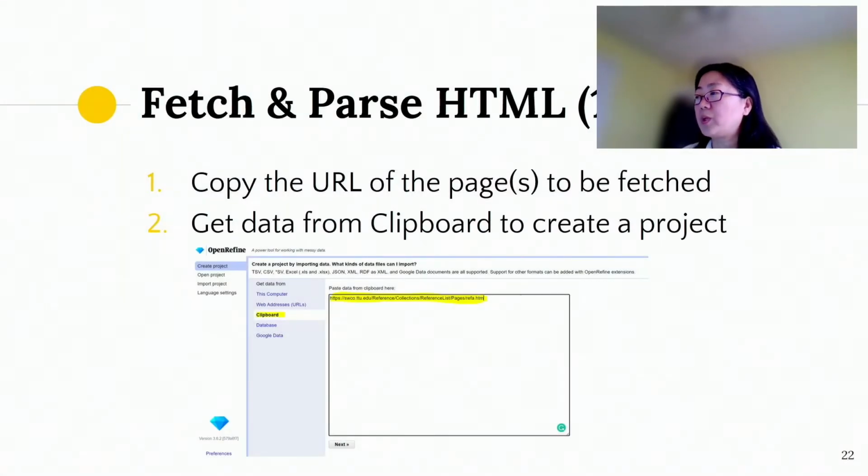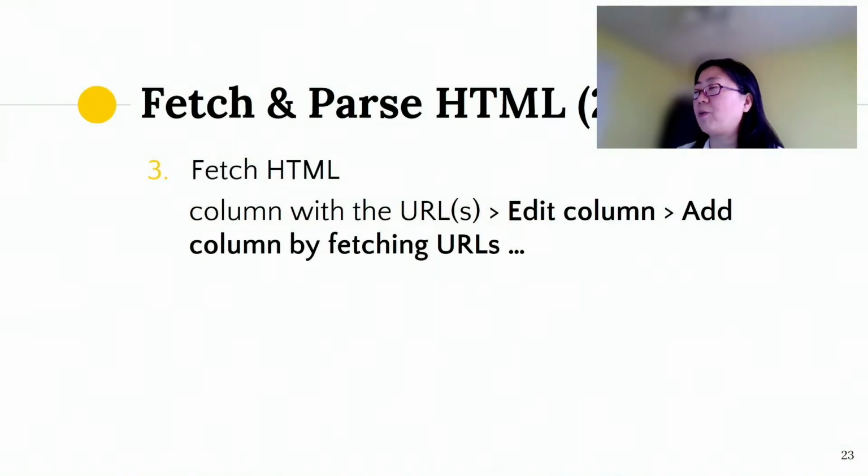And we start with the URL of one reference file page. We create the OpenRefine project, and we start to fetch the HTML. Based on the URL page, we are going to use the same command, add column by fetching URL.